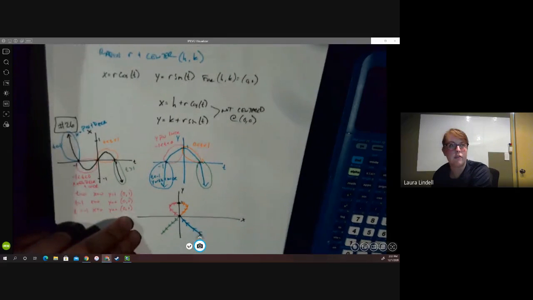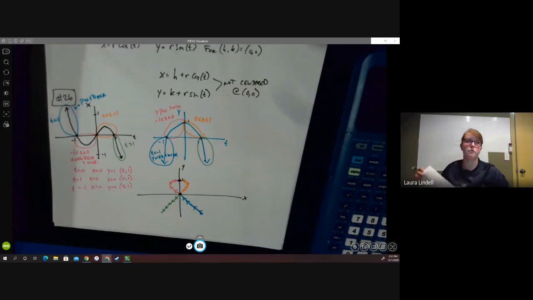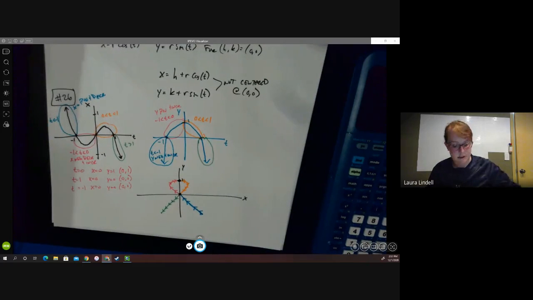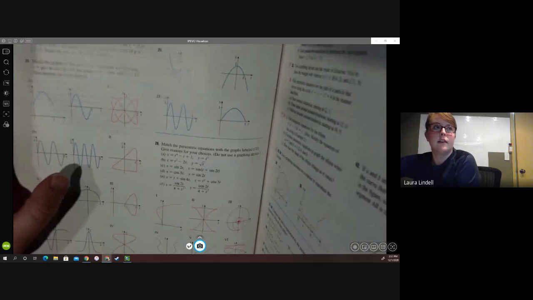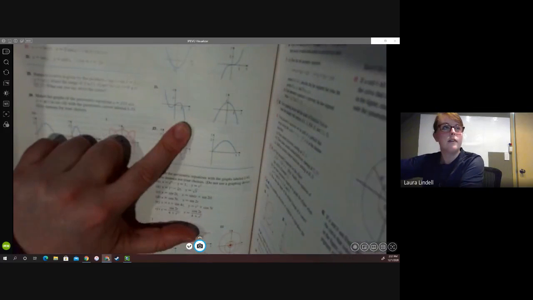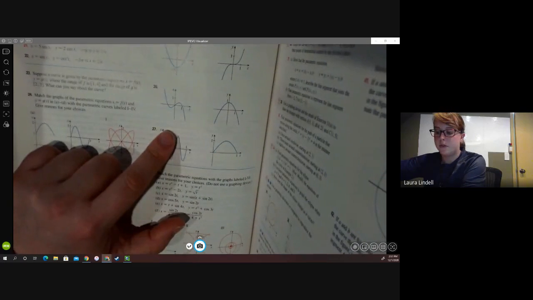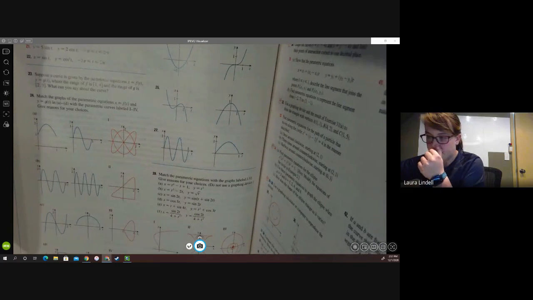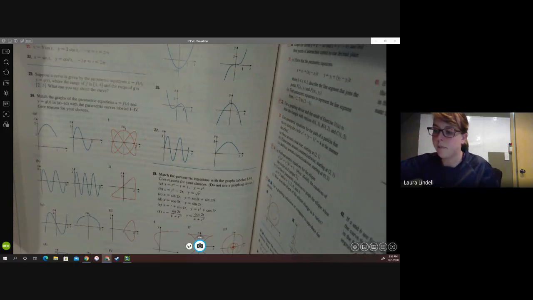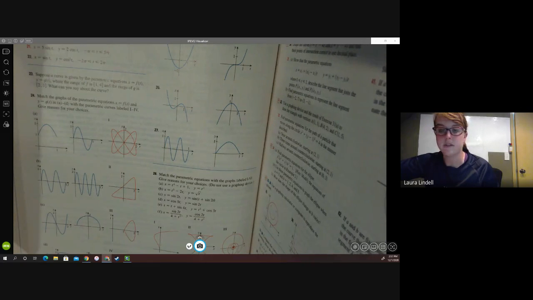So starting off, looking at this massive colorful picture of things, what this problem started out looking like was just number 26 right here. It gives you an x and a y, and it says to use the graphs of x and y to sketch a parametric curve, indicating with arrows the direction in which the curve is traced as t increases.